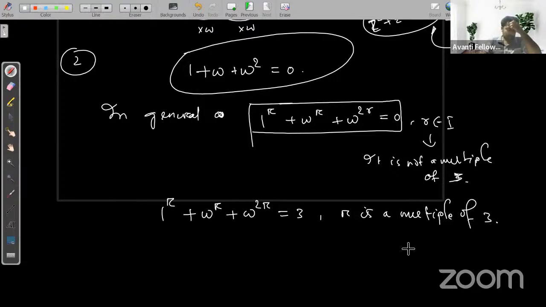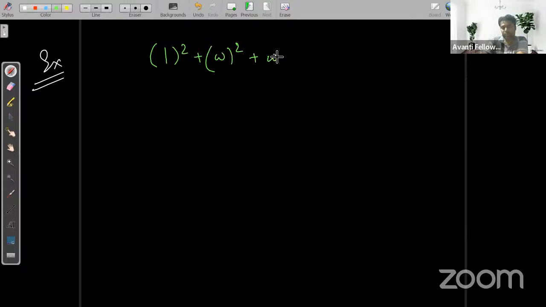Clear, everyone? Okay. Let's solve one question. I am taking the first example. Take r as an integer which is not a multiple of 3, say r = 2. So 1 square plus omega square plus omega square whole square. What are we getting? 1 plus omega square plus omega to the power 4.